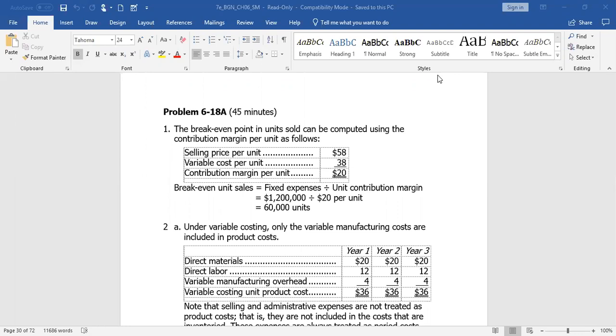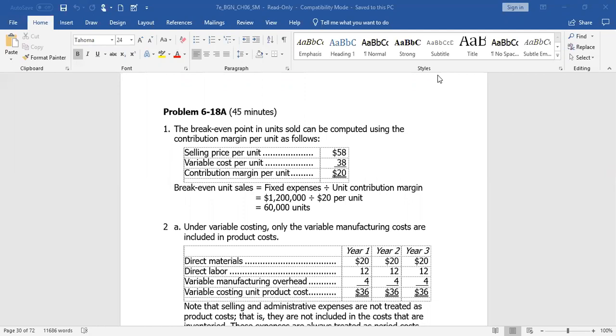So the break-even point can be found by taking the selling price of 58 minus the variable cost per unit of 38. So that would be the 20 of direct materials plus the 12 of direct labor plus the 4 of variable manufacturing overhead and the 2 of variable selling and administrative.